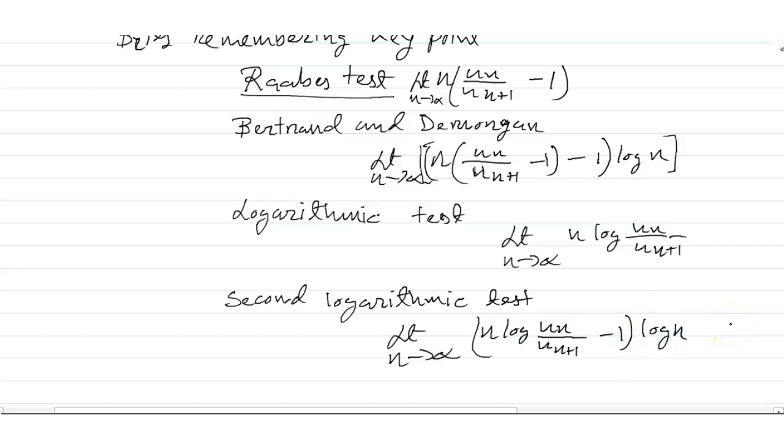Yes, simple friends, you have to remember these formulas.